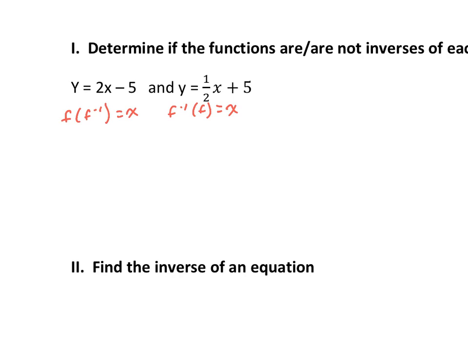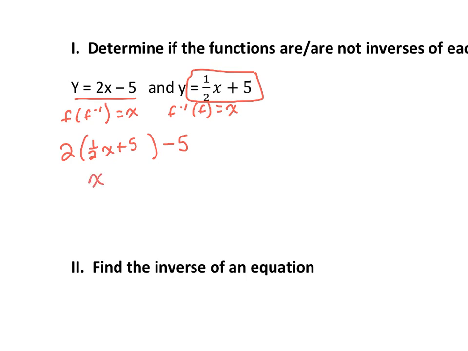If we decide to plug in and do 2 times that quantity, that function, minus 5, so I'm plugging into this function, I'm going to plug this in. I'm putting in 1/2 x plus 5. If I clean this up, I should just get x, and let's see what we get.